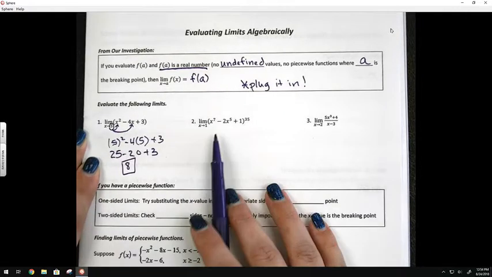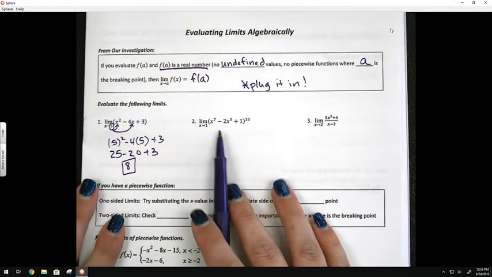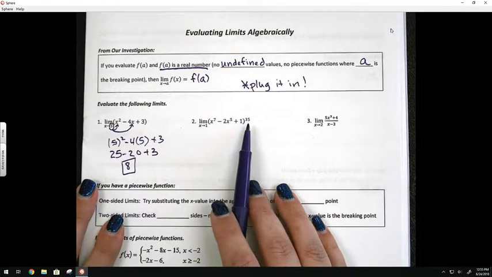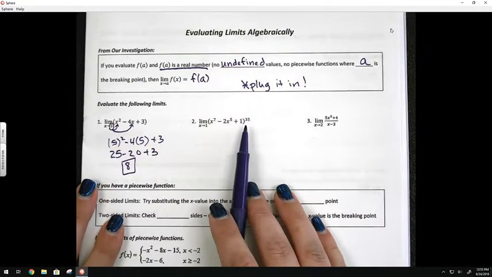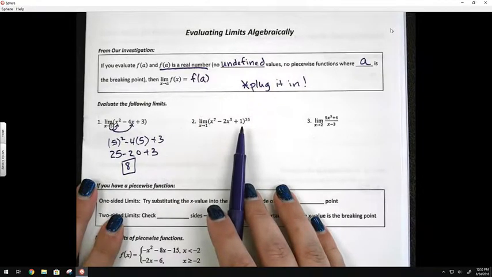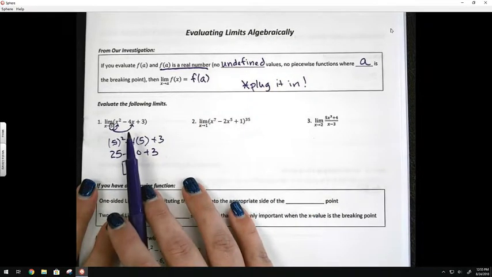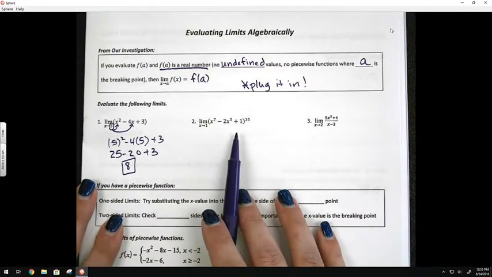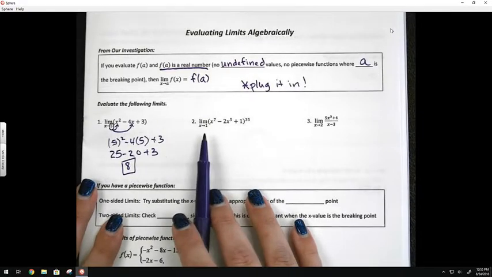Question 2. If we look at this, x to the 7th minus 2x to the 5th plus 1, raised to the 35th power. Well, yeah, I could graph that, but I definitely don't want to, right? The parabola, I can graph that without really thinking much, but this, I don't know what that's going to look like. But I do know that it's going to be a polynomial. So I can just take 1 and plug it in.